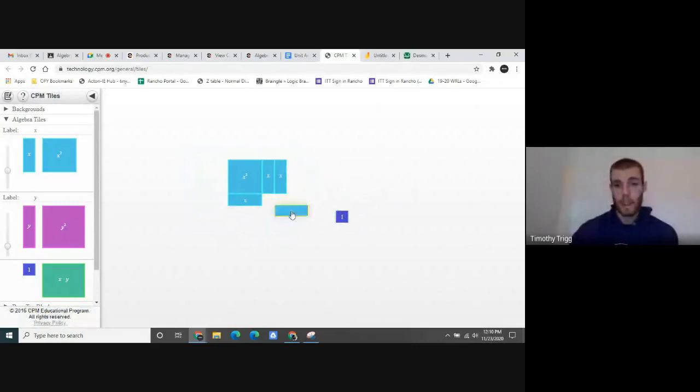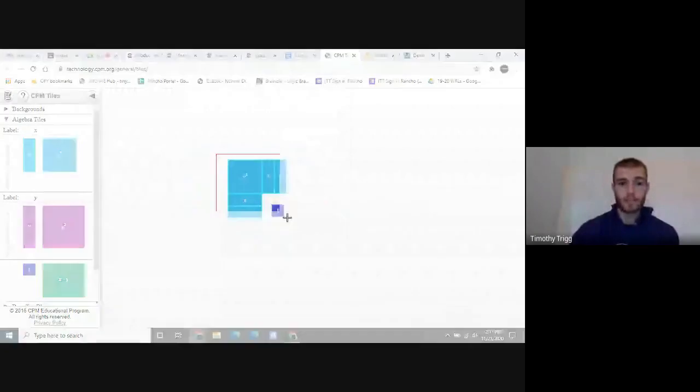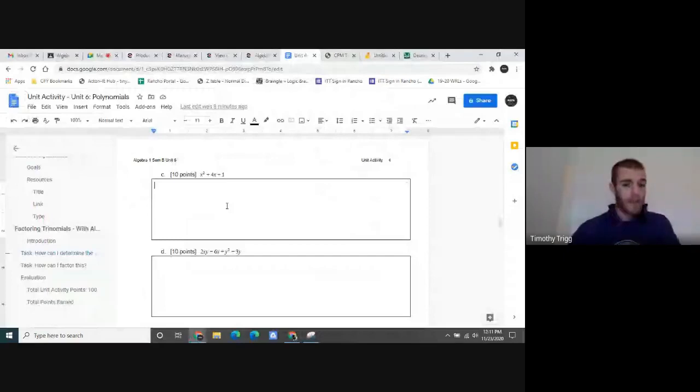So what do we say? Well, we could show this. I would go ahead and take a screenshot of that and put it into the work. And you can type that this one is not factorable. This is one of those ones I was telling you guys that sometimes the trinomial won't be factorable. So this is one of those. So this trinomial, not factorable.